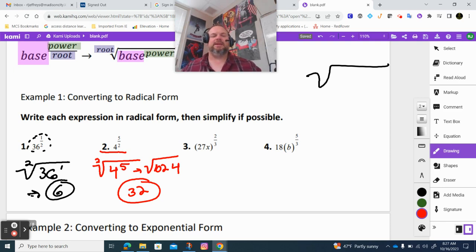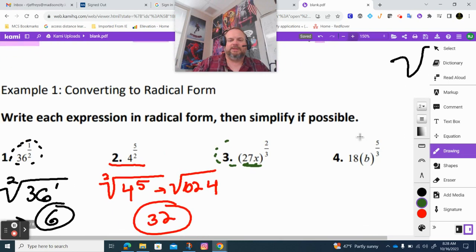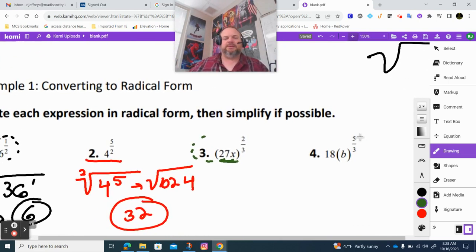Now, number three. Our whole base right here is this 27x.